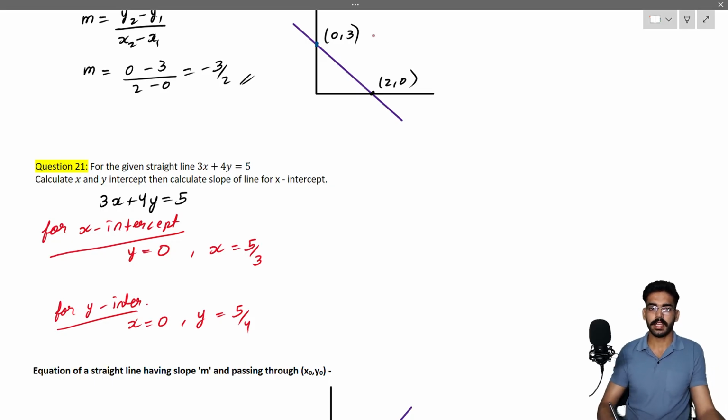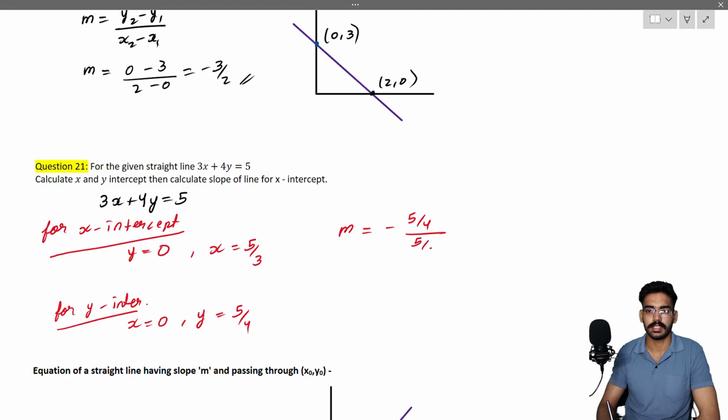I hope this is clear. And for the slope, you just convert this into general form and you will get the slope. Or the other way, slope is basically minus (y-intercept by x-intercept), or you can go by the coordinate system, or convert this line into the general form y equal to mx plus c.